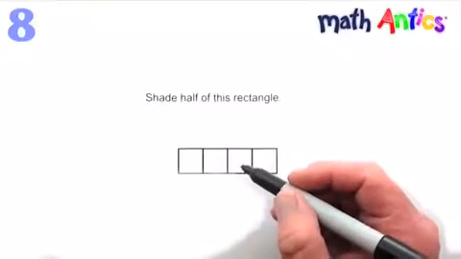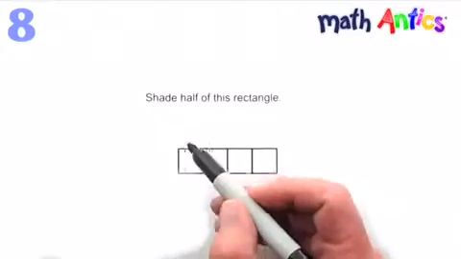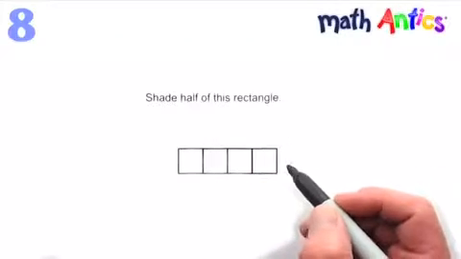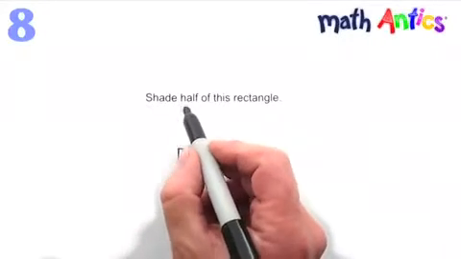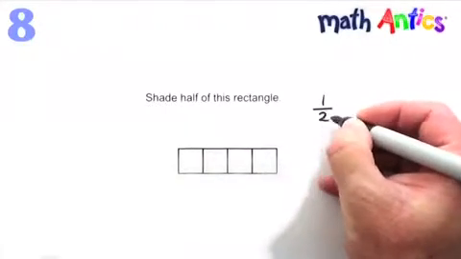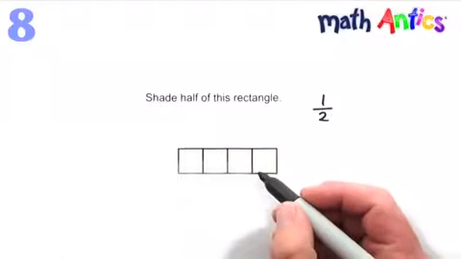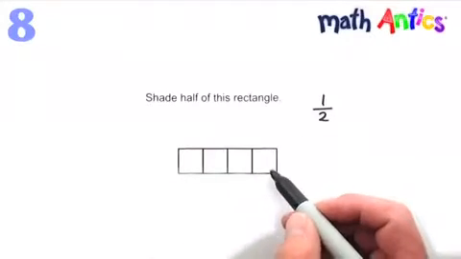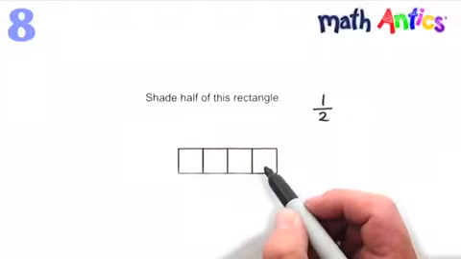And the last problem also asks us to do some shading. It says shade half of this rectangle. Here's the rectangle we need to shade, and half is a fraction. Half is just the fraction 1/2. But the interesting thing about this rectangle is that it's not divided into 2 parts. It's actually divided into 4 parts.